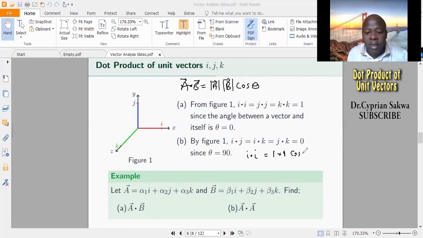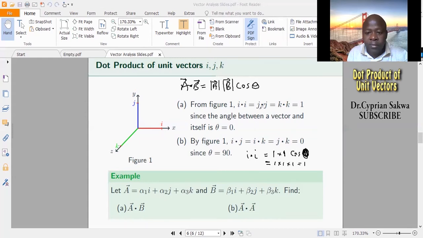The angle between i and itself is 0, so theta is 0, and cos 0 is 1. So 1 times 1 times 1 is 1. That means i dot i is 1.